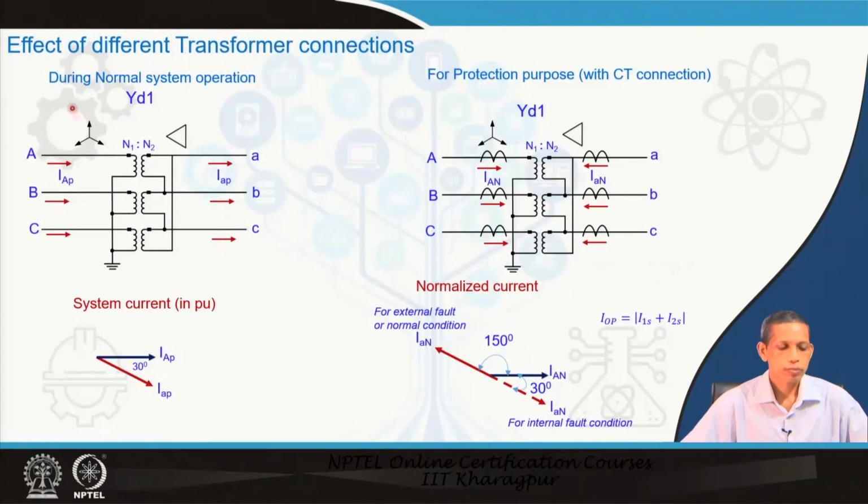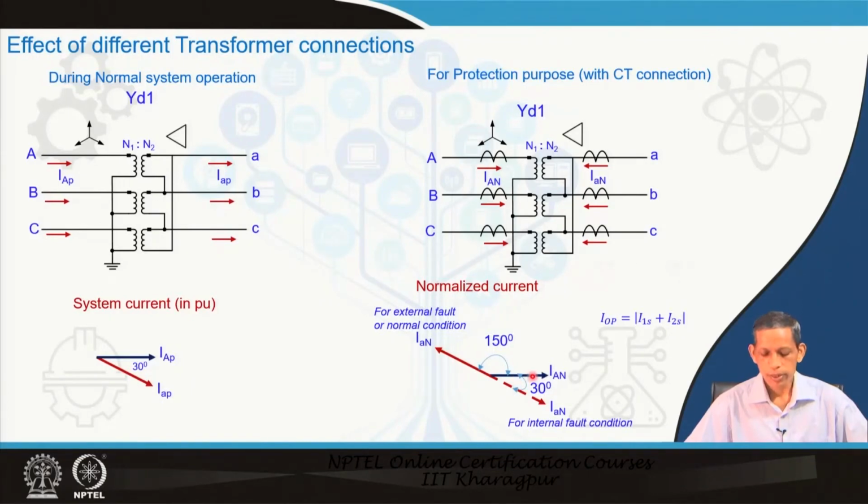Now, come to the YD1 connection for this transformer. We know the high voltage leads the low voltage by 30 degree. So, per unit current, the high voltage current leads the low voltage current by 30 degree. When you come to the CT connections, as we have already defined, the normalized current after the scaling down, as we have done in that earlier example, will be reversed.